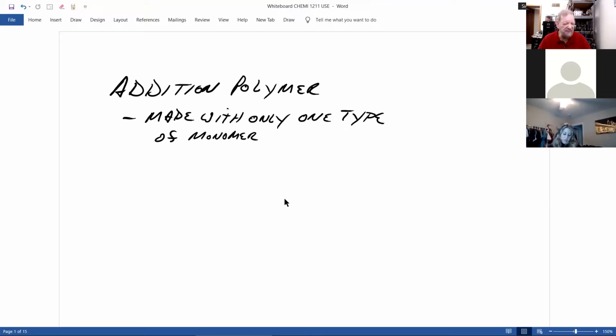An important thing about an addition polymer is that it's only one type of monomer. And what are examples? You should know. One of them is saran wrap, otherwise known as kitchen wrap.